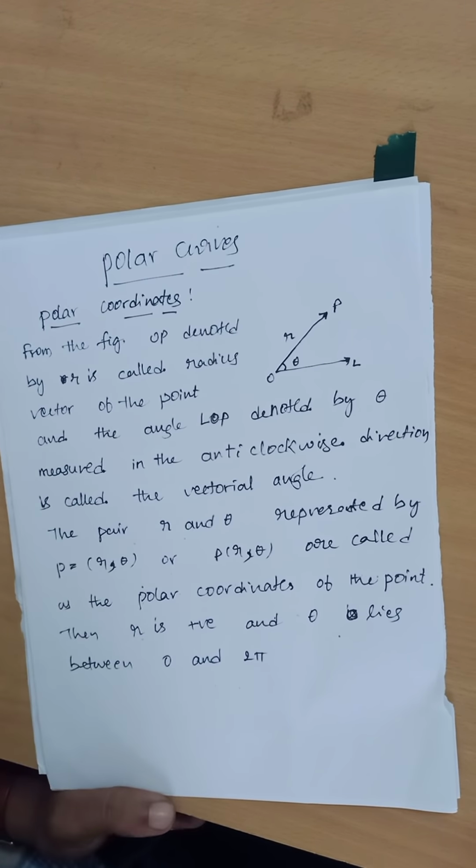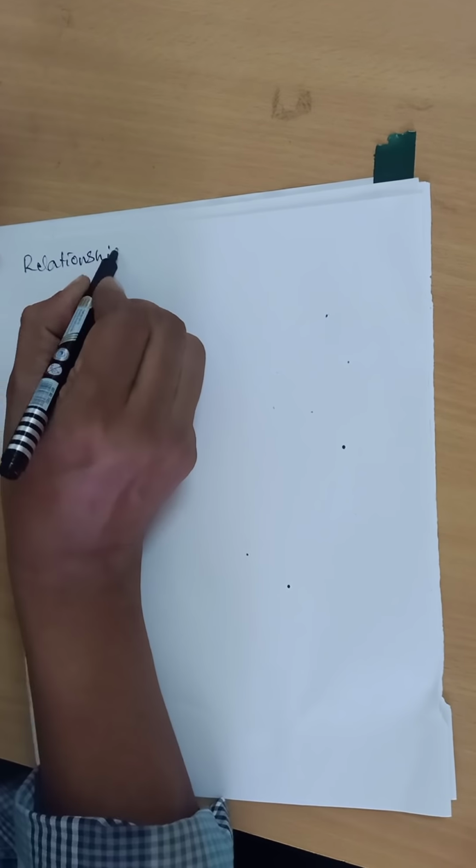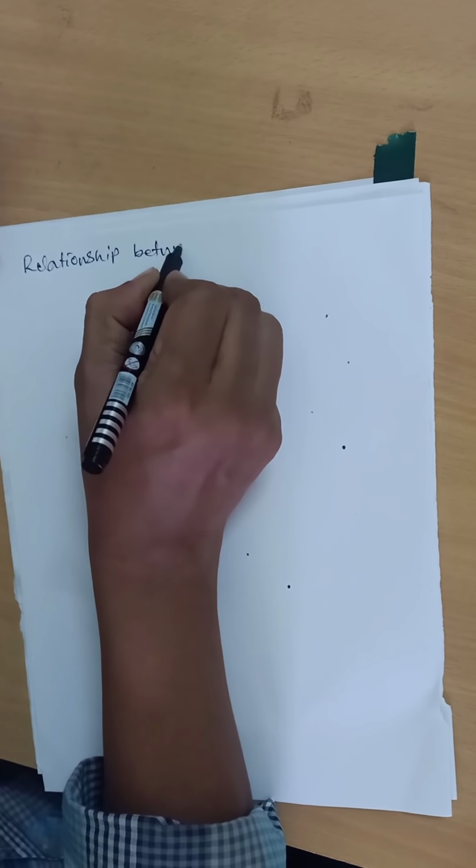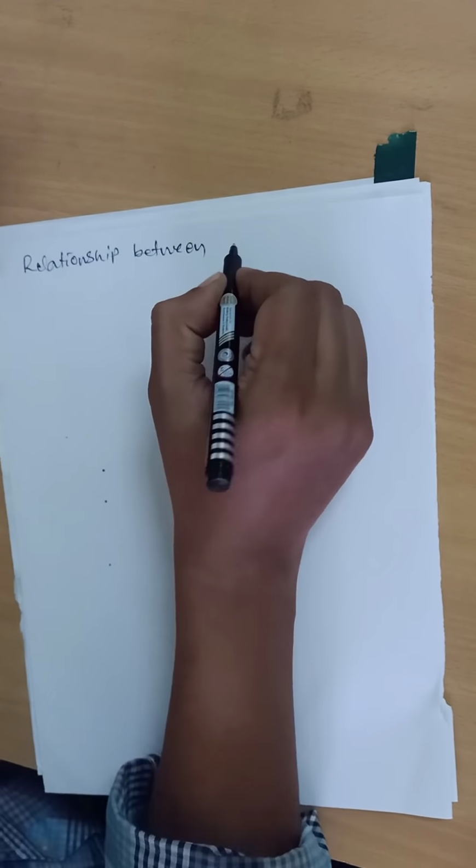Write the heading: relationship between Cartesian coordinates, denoted by x comma y, and polar coordinates, denoted by r comma theta.